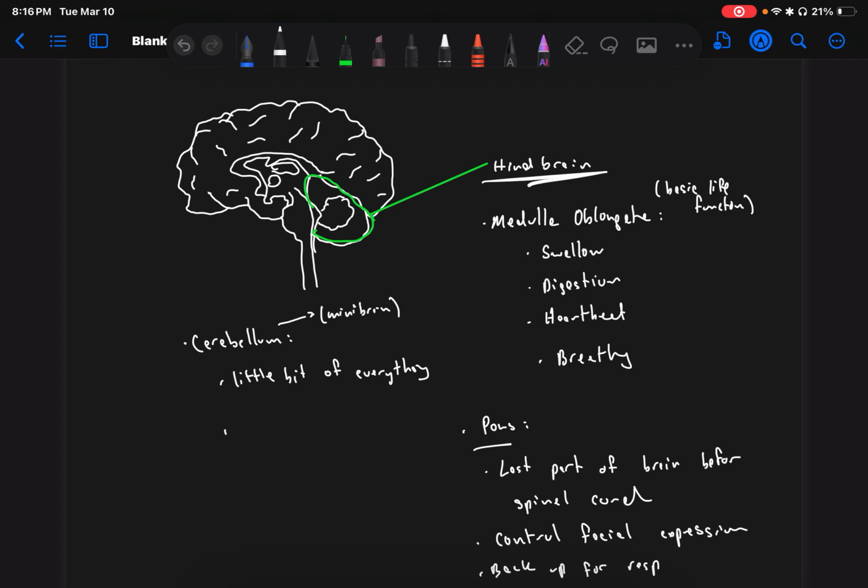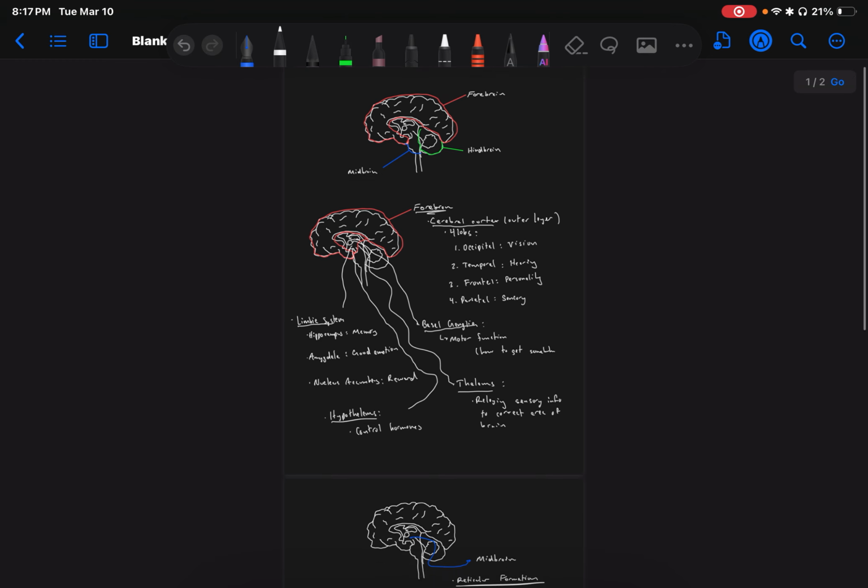Well, it's more focused on balance, muscle coordination, and muscle tone. So that's the hindbrain. I'm not going to lie, that's basically all I have.